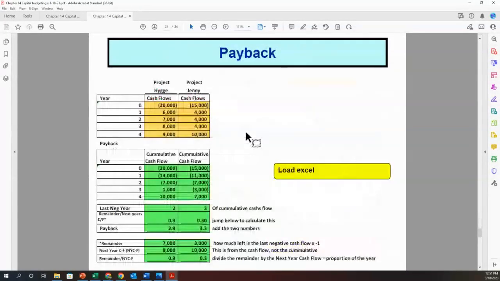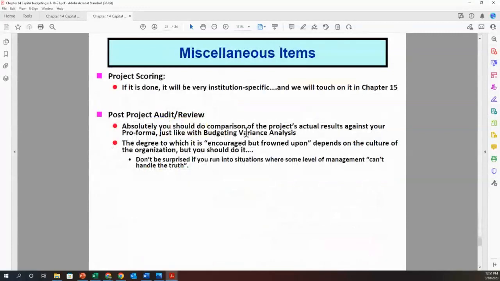And then, a year later, here's me. We need to do project audit and review. And I definitively rubbed it in everyone's face that my numbers were right. My boss wasn't happy about it. And that was the beginning of the end of my tenure at the University of Chicago.